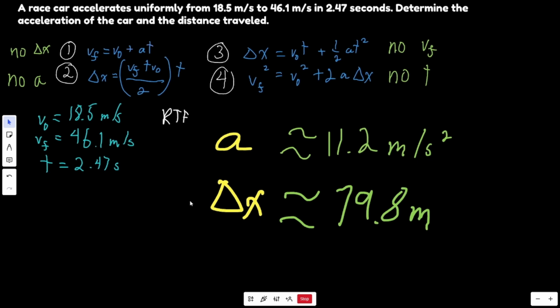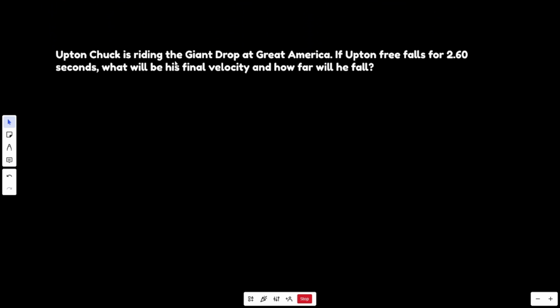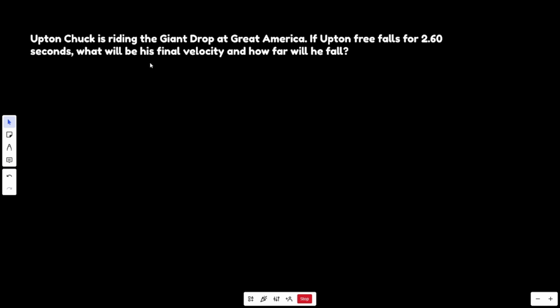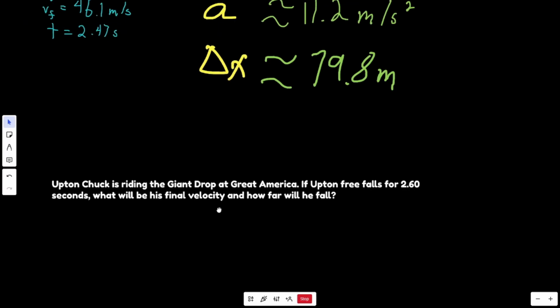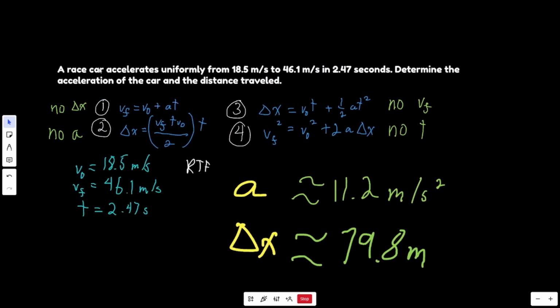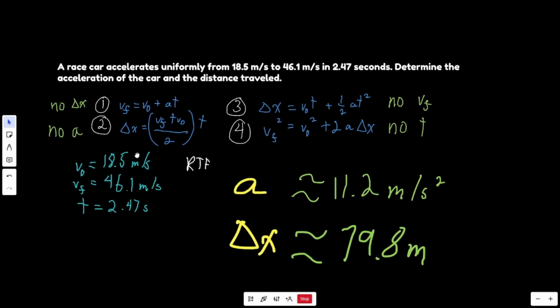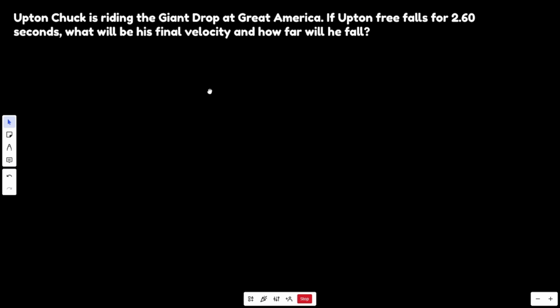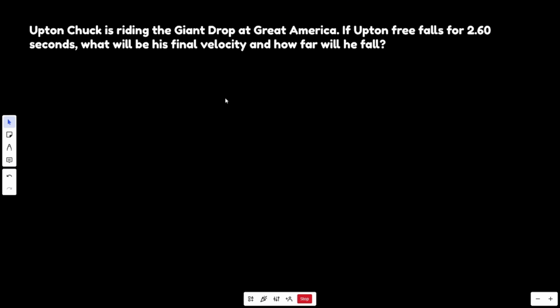Now let's move on to another question, and this time it's about free fall. Free fall is a type of question that also involves kinematics, particularly because, as you can see here, we have constant acceleration when we're using a car, and free fall is actually the motion of an object as it's dropped, and gravity is actually a value of acceleration.